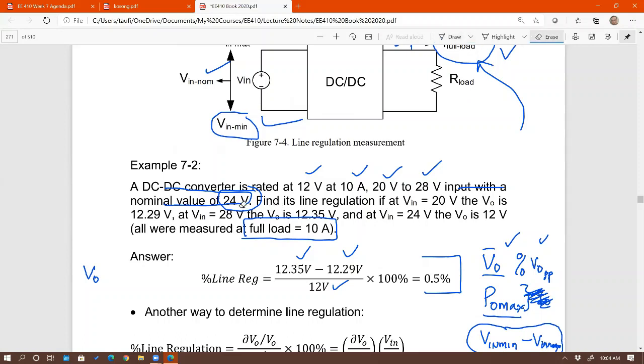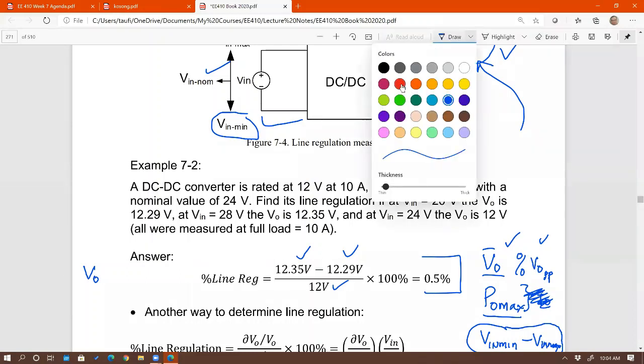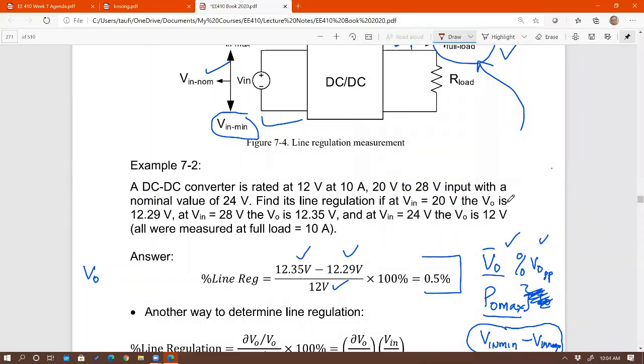So let me just erase this. I'm going to circle V out in red. The equation is asking for V out at V in min. Where is that? There's V in min right there, 20 volt. What is the V out at 20 volt? 12.29. This is the one that we have to put into the equation.